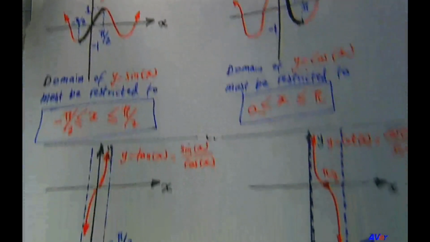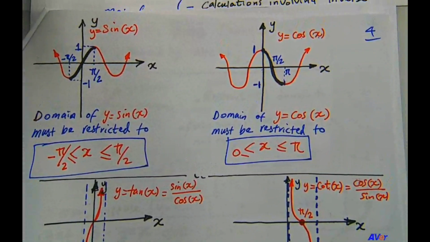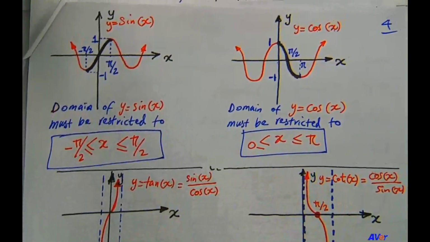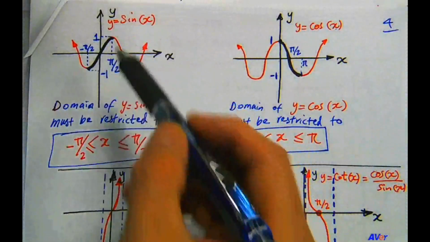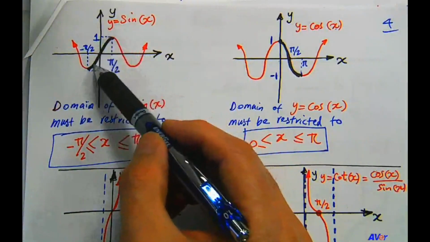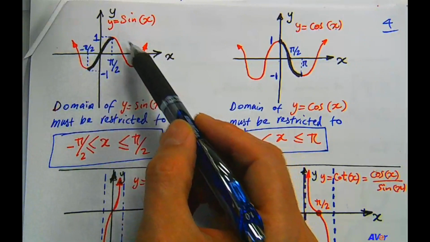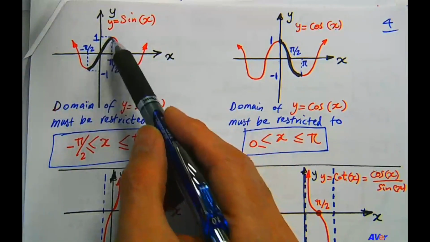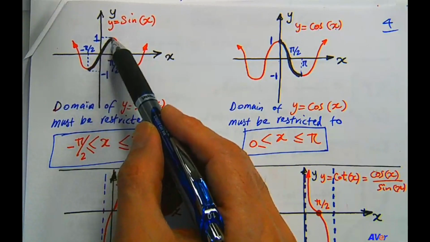This is a slide from our talk in that section 5.5. So this is the sine of x function, and as it is right now, it's not a one-to-one function. But in order to make it one-to-one, if you recall, we had to restrict its domain from negative pi over 2 to pi over 2.